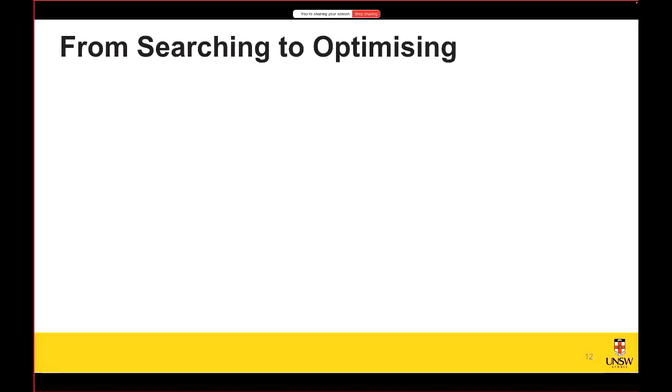That's why we are moving from simply searching to optimizing, because sometimes we cannot find a desirable solution before we run out of budget. In that case, do we say that we have failed the searching process? That's not the ideal case, right?